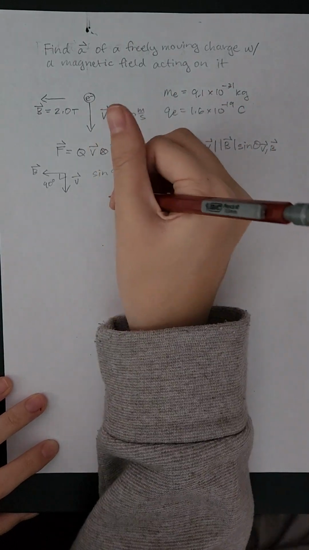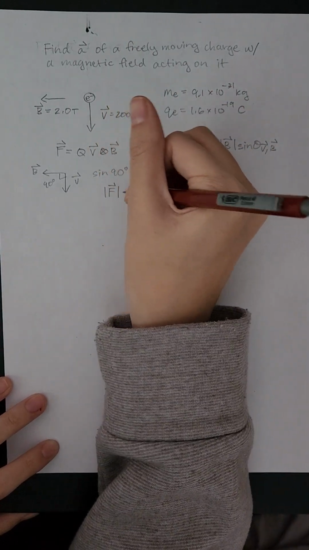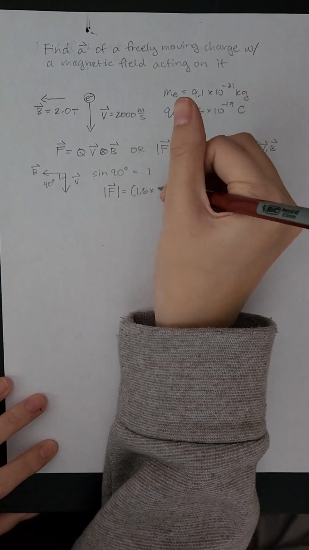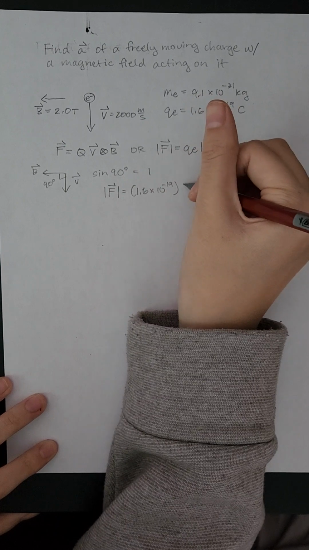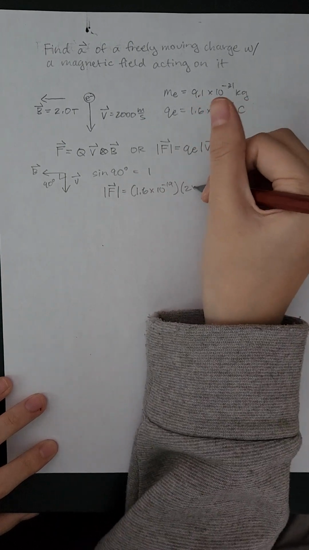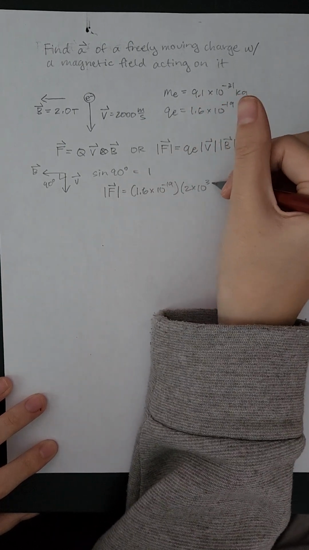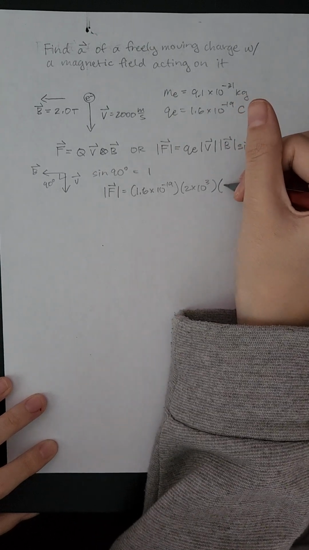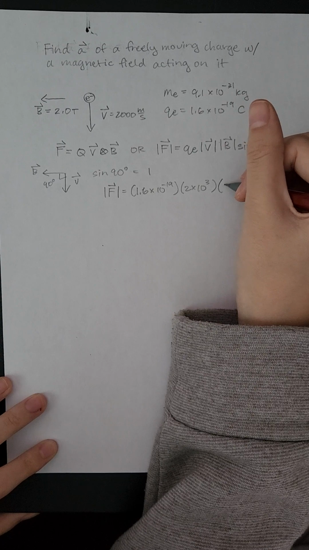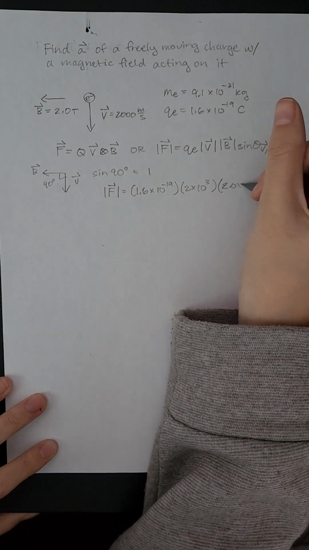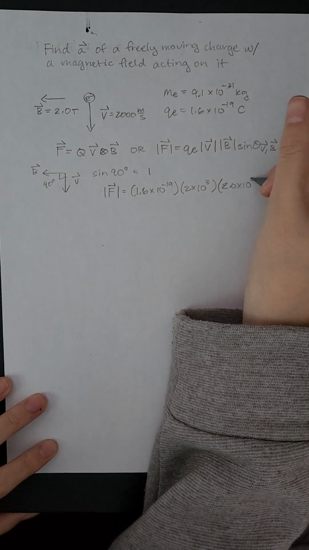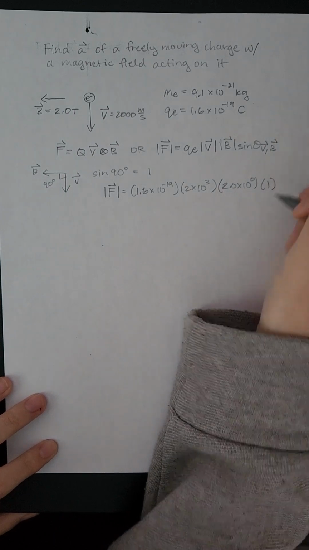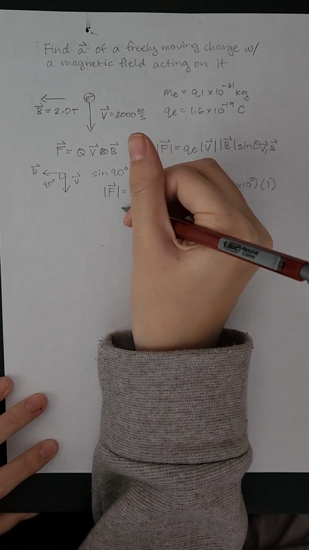And now we could just plug everything else in, and we get F is equal to the charge times the velocity, which is 2,000 meters per second, times the magnetic field, which is 2 Teslas. And we said that sine 90 is 1, so we just write that as 1.